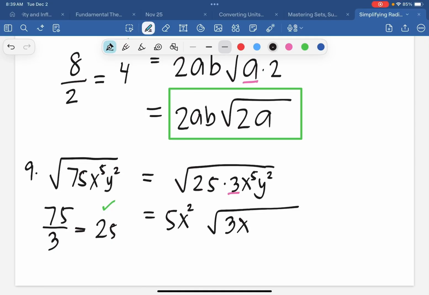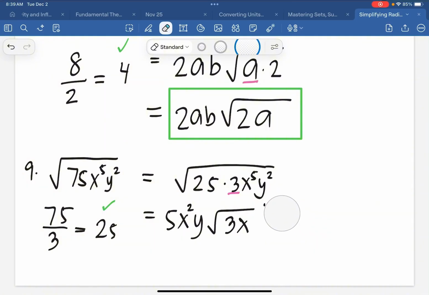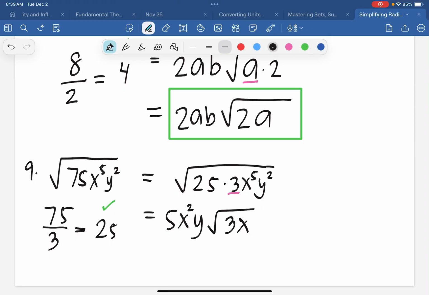And then here, 2 divided by 2 is 1, so y can be extracted as well. So that's it. The square root of 75x raised to 5 y squared is 5x squared y square root of 3x.